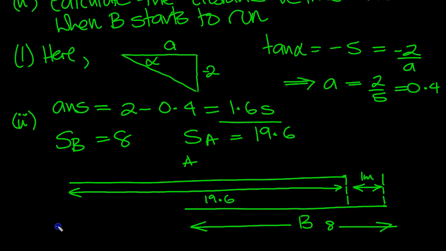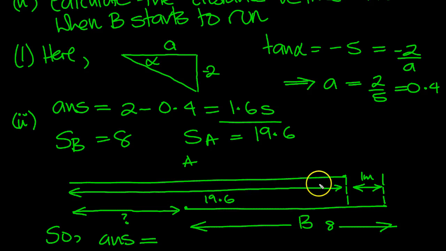So the answer is this distance. How far is B ahead of A? It's going to be 19.6 take away this distance here, which we know is 7, because 8 minus 1 is 7.